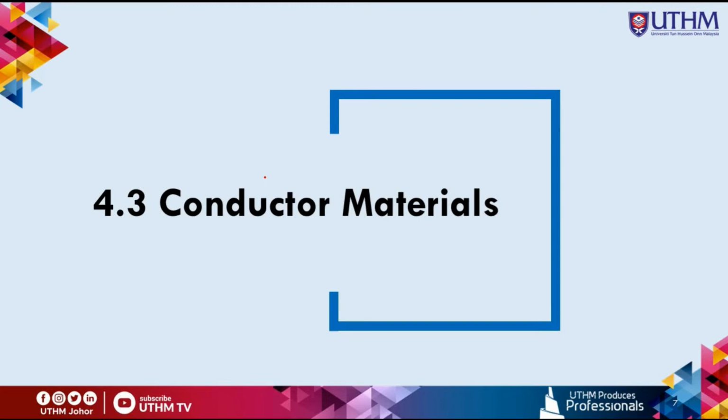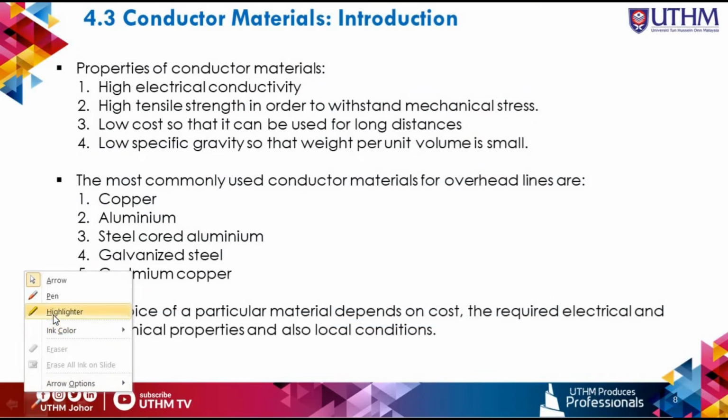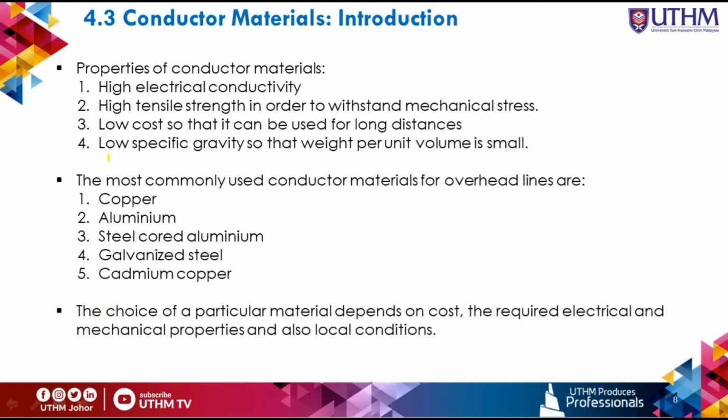And then we look on to the conductor materials. What types of materials for conductor? The first one, the conductor materials must have high electrical conductivity in order to transmit the electricity from the sending to the receiving.